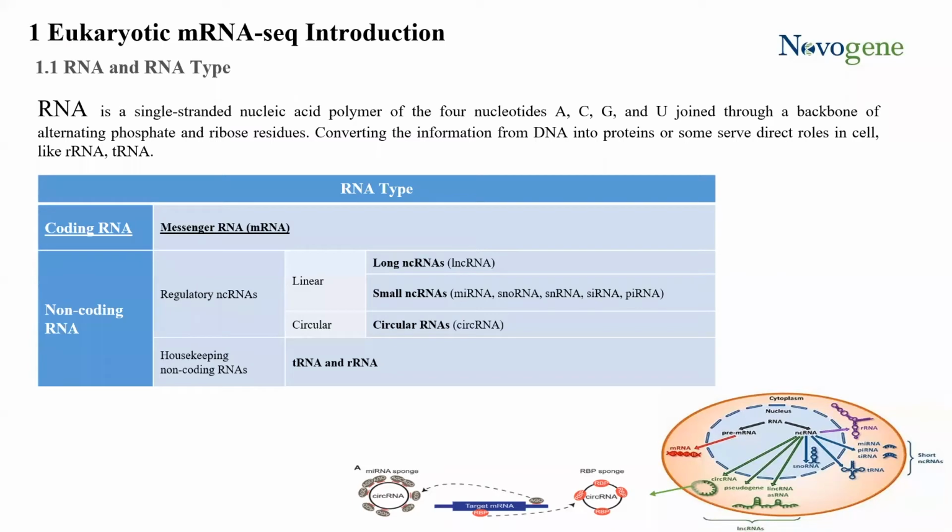They are basically divided into coding RNAs, which are the messenger RNAs that code for proteins, and we have the non-coding RNAs, which are also divided into 2, regulatory non-coding RNAs and housekeeping RNAs. Regulatory non-coding RNAs encompass long non-coding RNAs, small non-coding RNAs, and circular RNAs, whereas the housekeeping RNAs are the tRNAs and rRNAs, which build up the ribosome.